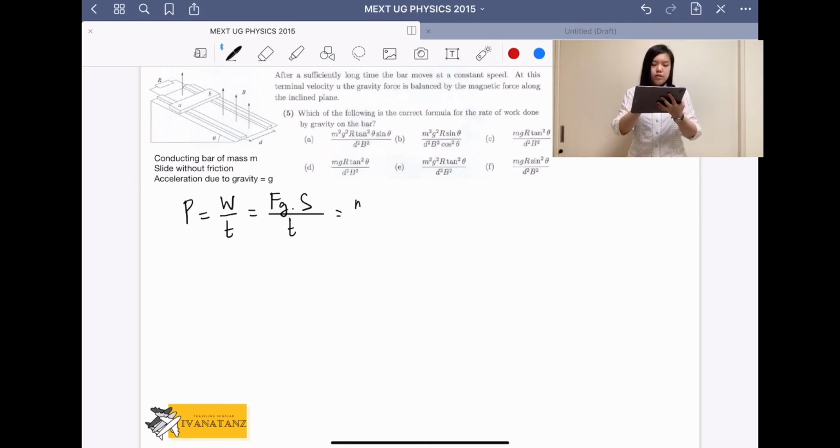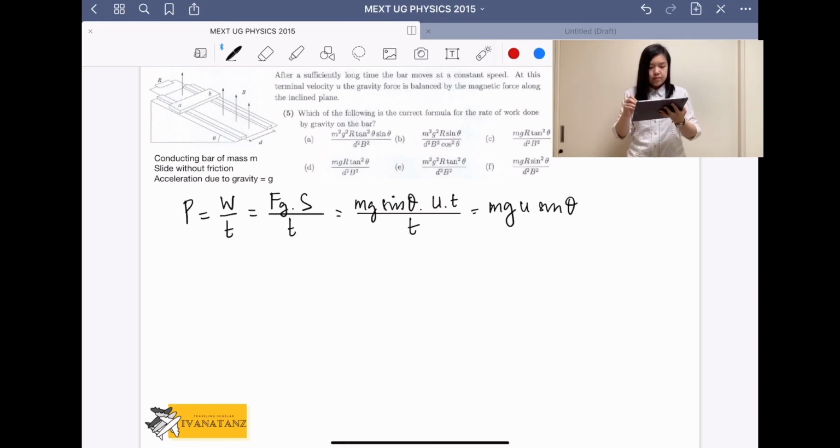Fg here is mg sine theta, because this is the one that is working along the inclined plane, so not mg but mg sine theta. S is distance. We know that distance traveled is just velocity u times the time, so we have distance divided by time. So we get mg u sine theta.